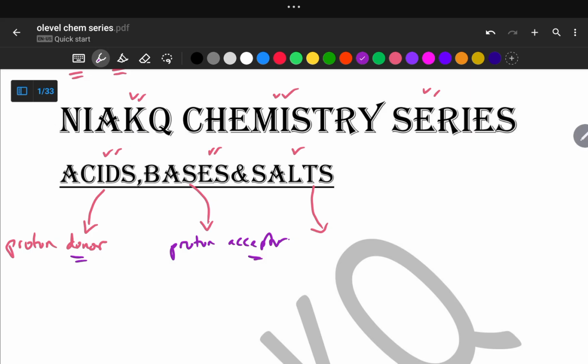And then a salt is defined as an ionic compound formed when a hydrogen ion from the acid is replaced by a metal or an ammonium ion, right?